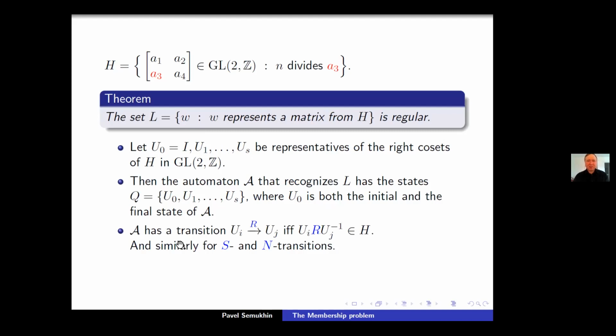And the transitions are defined by this simple rule: we have a transition from Ui to Uj with label R if and only if the product Ui times R times Uj inverse belongs to H. And we have the same rules for S and for N transitions.